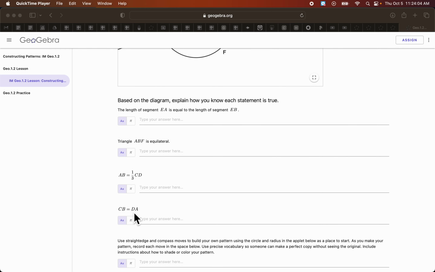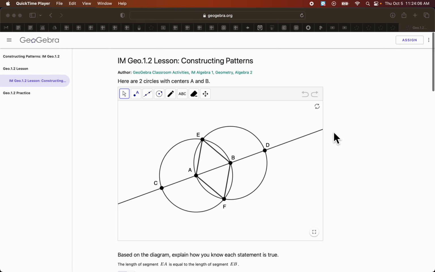Next one, CB is equal to DA. Okay, CB, we talked about this in class. CB is a diameter. It goes across a circle from one side to the other, and it goes through the center. So it's a line segment that goes from one edge of the circle through the center to the other. And it's just like having two radiuses or two radii stuck together, right? CA and then AB. Okay, that's two radiuses that go together to make this diameter.